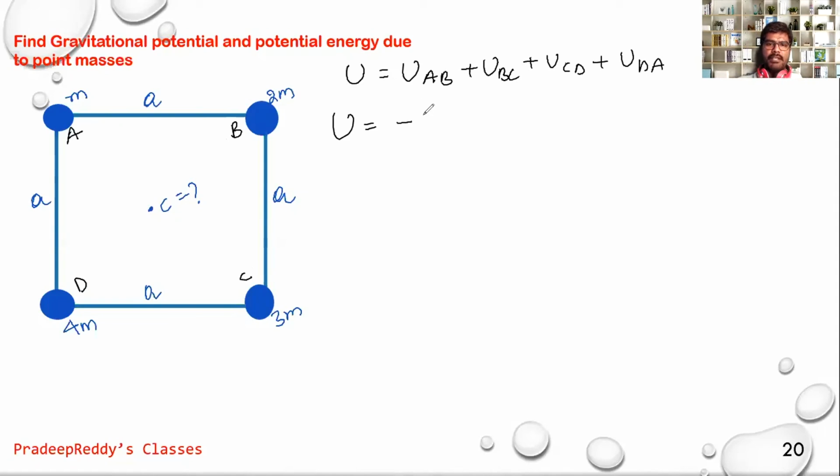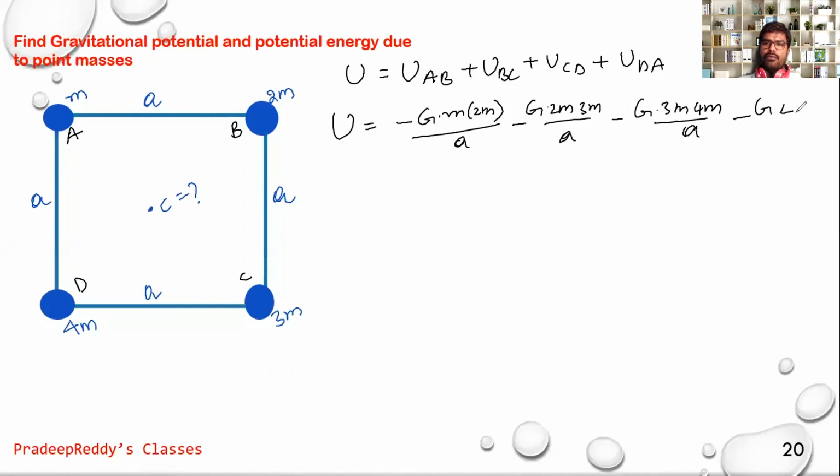So U will be equal to minus capital G m 2m divided by separation A, minus capital G 2m 3m divided by A, minus capital G 3m 4m divided by A, minus capital G 4m m divided by A. This is minus capital G m square divided by A. As a whole I can take it common.